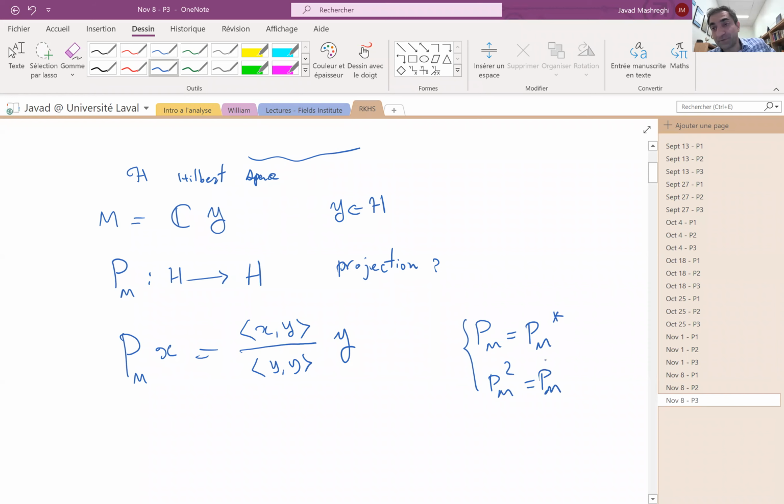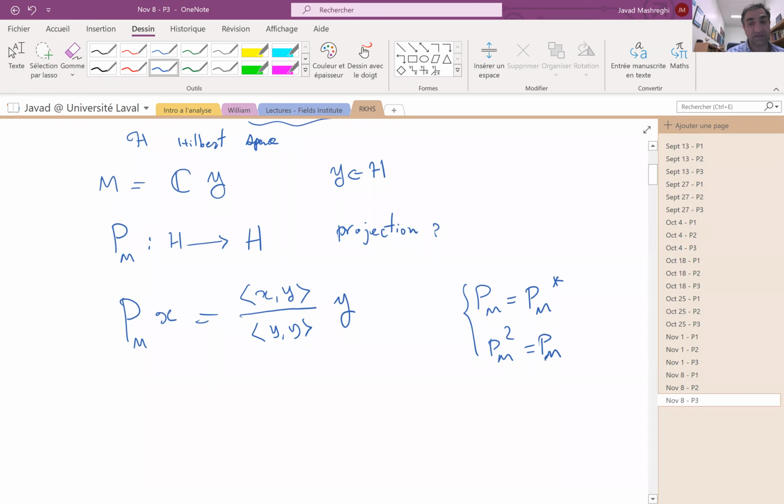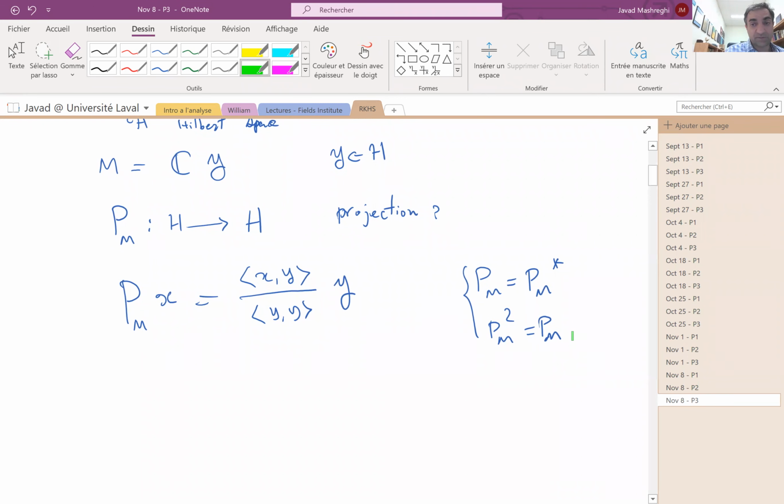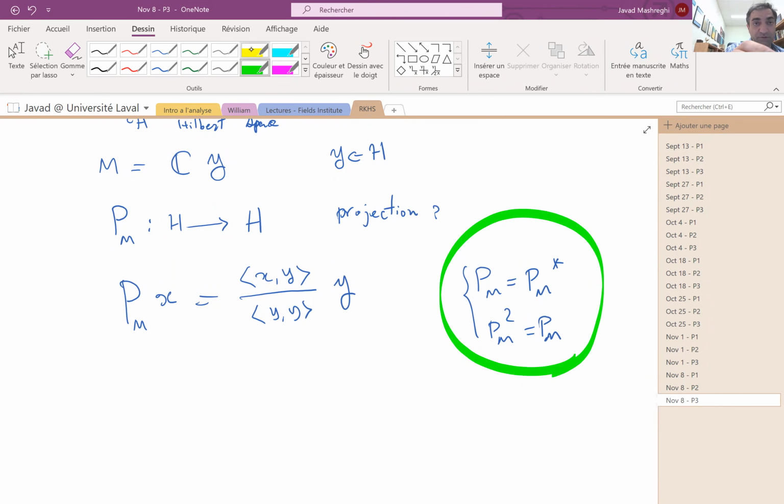Therefore, it's an orthogonal projection. And the range is precisely M, so it's the projection we are looking for. If the formula is not given, you may ask what is P_M, but now that the formula is given, the verification is easy. So this part I leave for you, and this part I use.